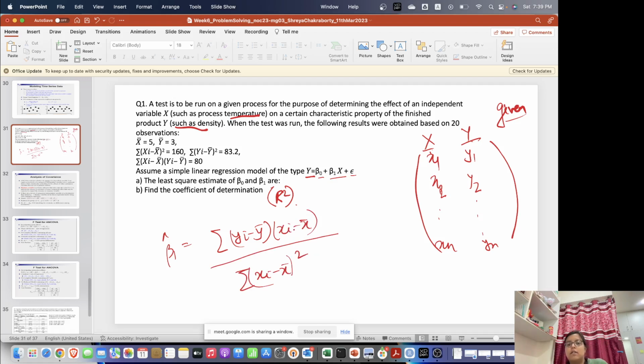Note here that in the previous case, instead of x we had t; the time we had modeled as 1, 2, 3, 4. So the same thing, we just replace t by x and we have this beta 1 OLS estimate. The value is already given, 80, divided by summation xi minus x bar whole square, that is 160. So we have half.